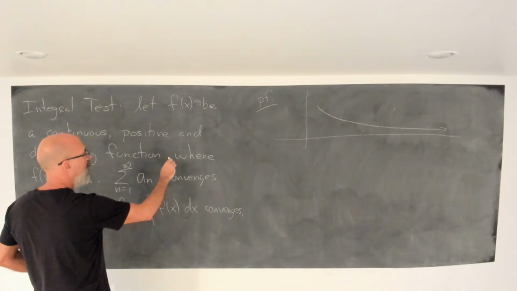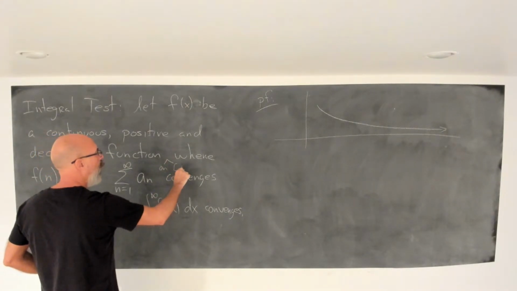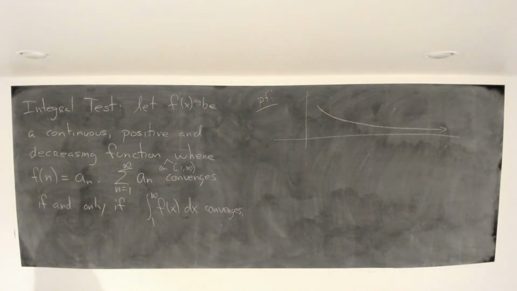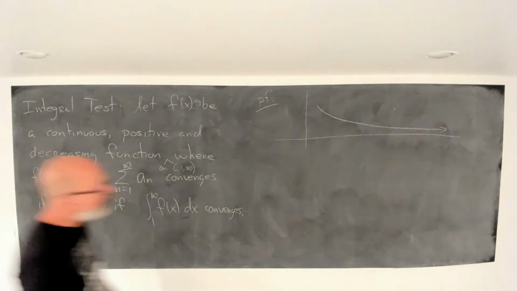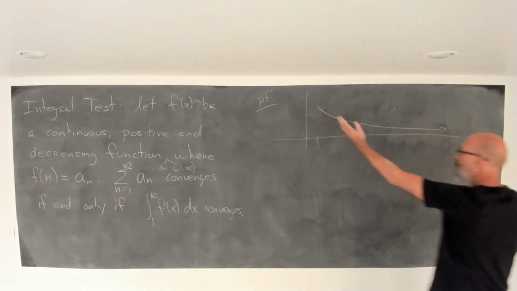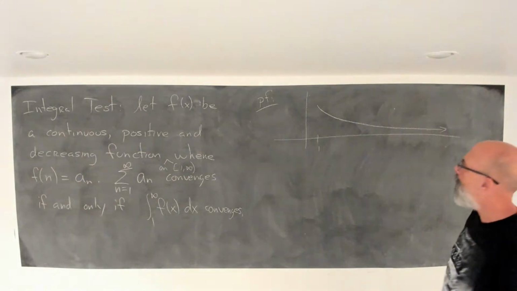I should have added here on the interval 1 to infinity, because that's all we're interested in anyways. So on the interval 1 to infinity, your function is continuous, positive, and decreasing.